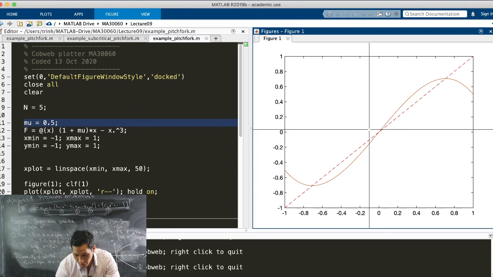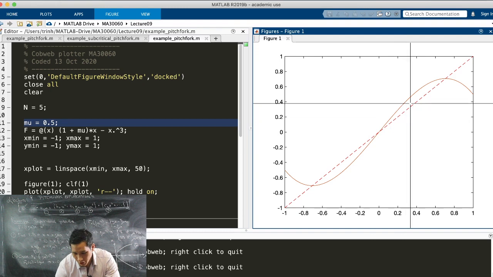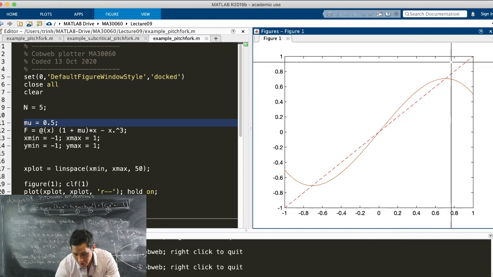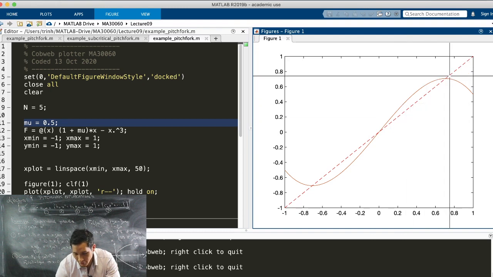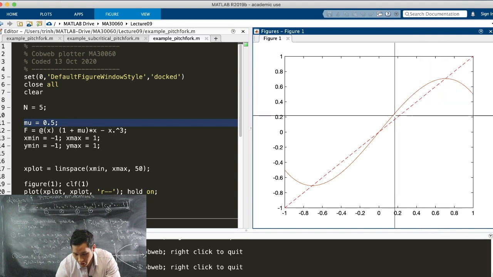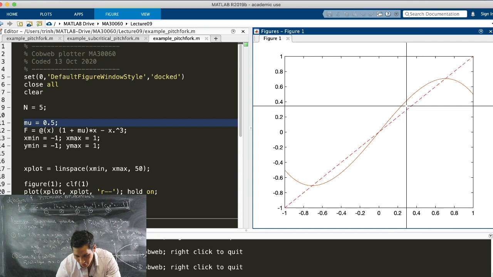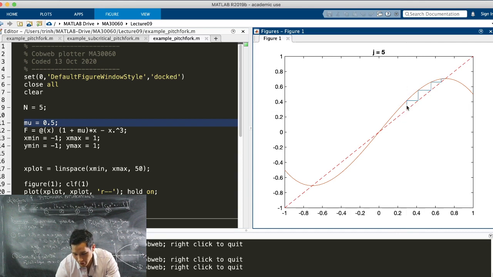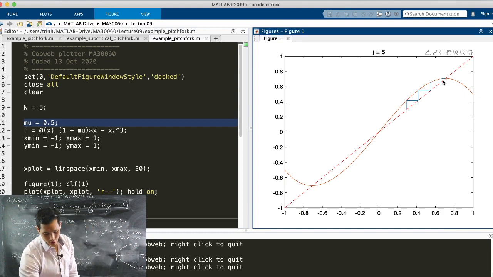So you're expecting the origin to be unstable, whereas the 2 arms of the pitchfork have a shallow gradient compared to the line. So what you should notice if you click and do your cobweb is that it should move away from x equal to 0, and it should move towards the secondary fixed point. Okay? So this is our supercritical pitchfork.